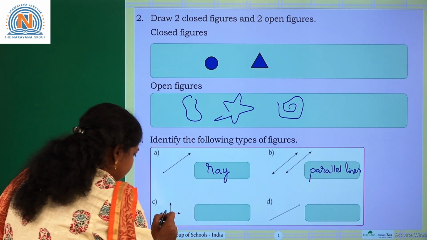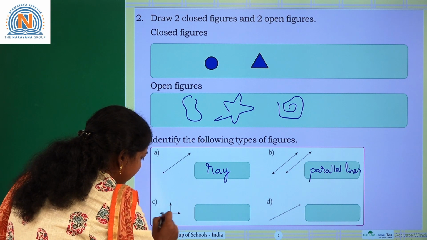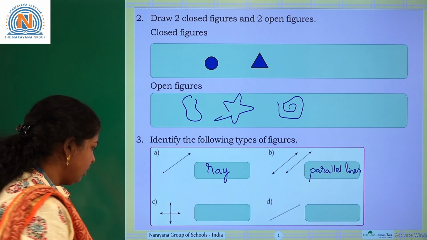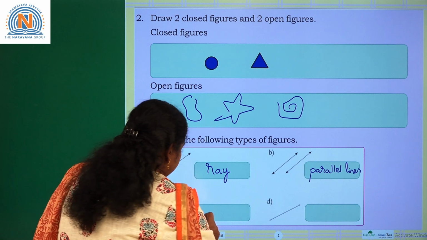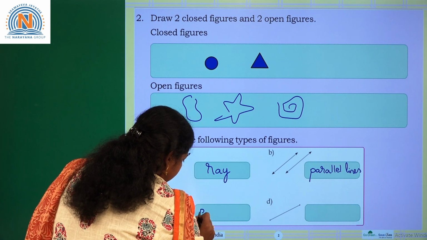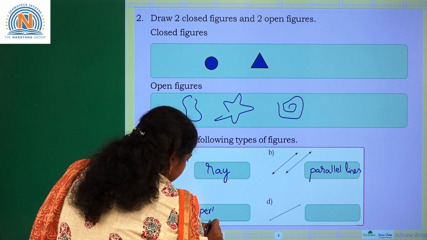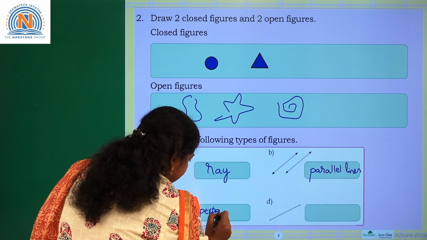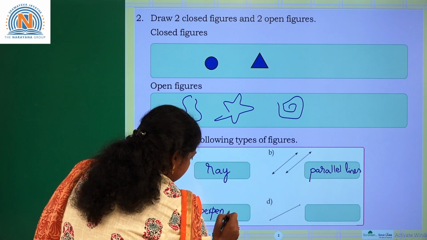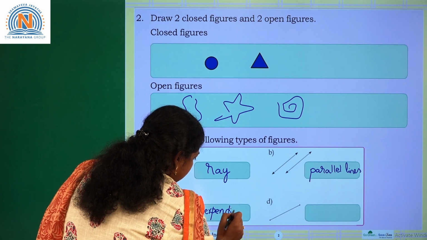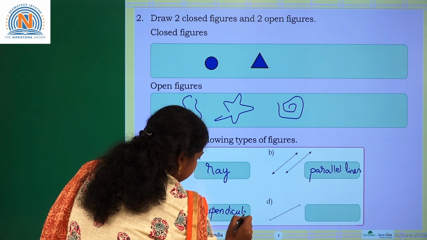And these 2 lines are intersecting at one point, vertical line and horizontal line, right? These are known as perpendicular lines, and they are not simply intersecting, they are intersecting perpendicularly. So these lines are known as perpendicular lines.